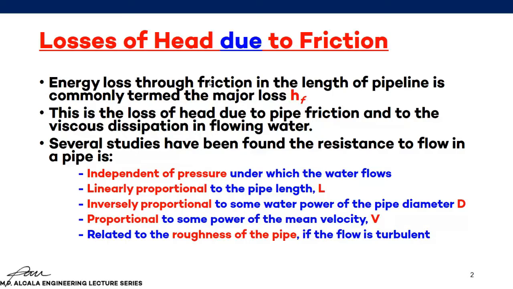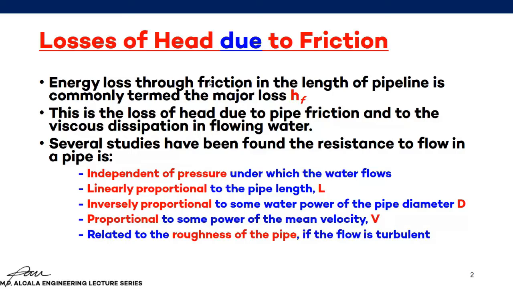Some studies and some researchers have found out that resistance to flow in the pipe is independent of the pressure, proportional to the pipe length, inversely proportional to some power of the diameter d, proportional to some mean velocity, and related to the roughness of the pipe.